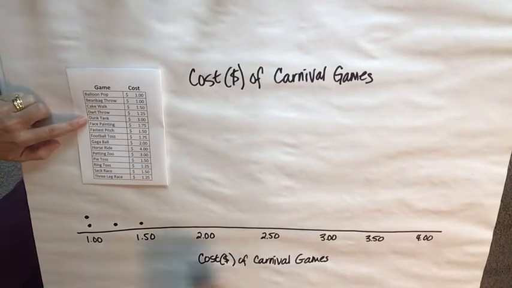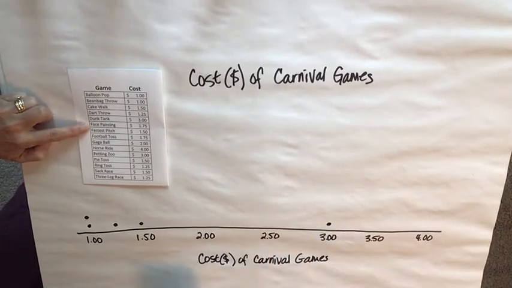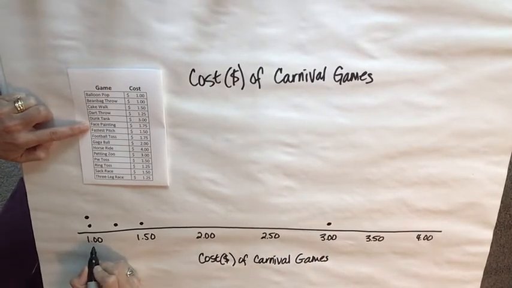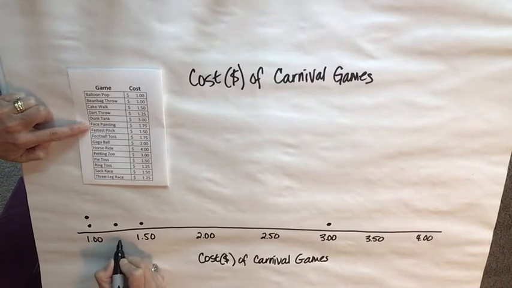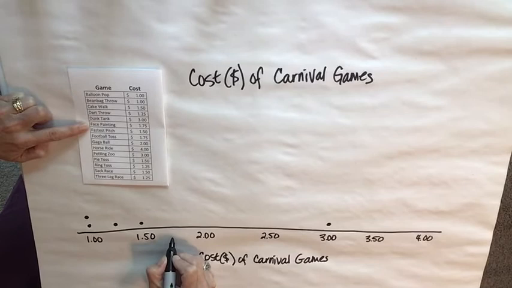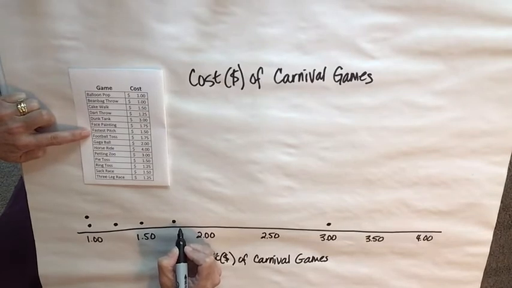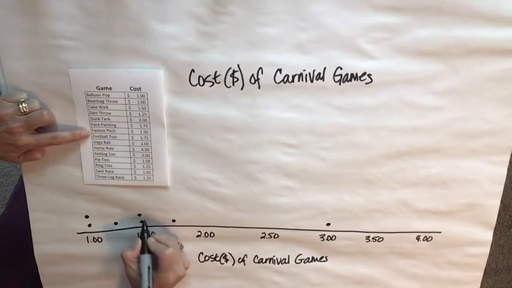The dunk tank is $3, so that would need a dot. Face painting is $1.75. So if this was $1, $1.25, $1.50, this would be $1.75, then $2. So this is $1.75 for face painting, gets 1 dot. Fastest pitch, $1.50 gets a dot.